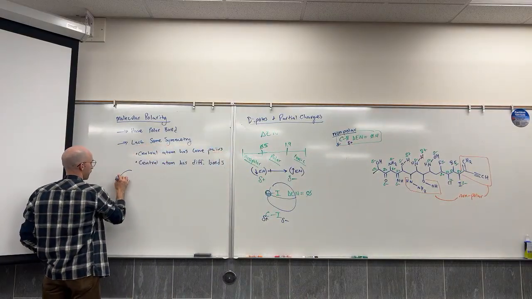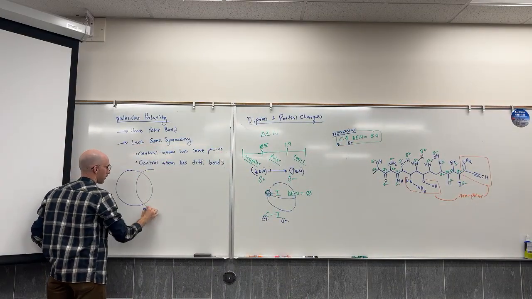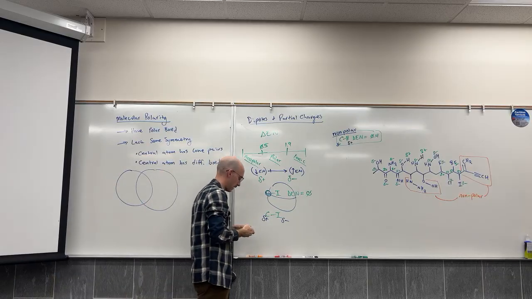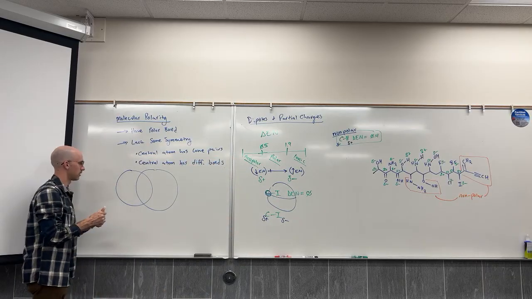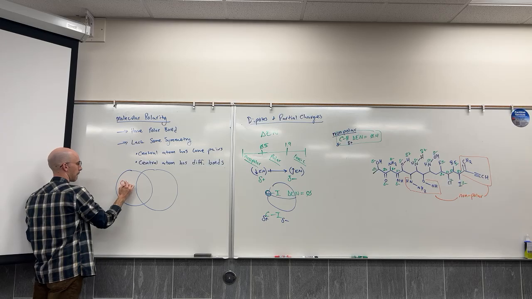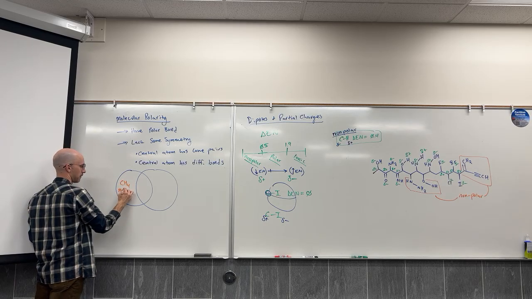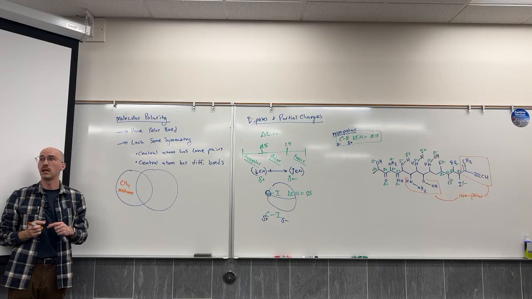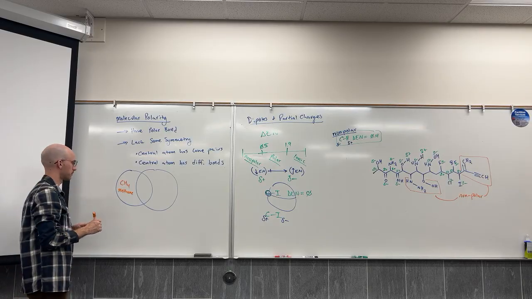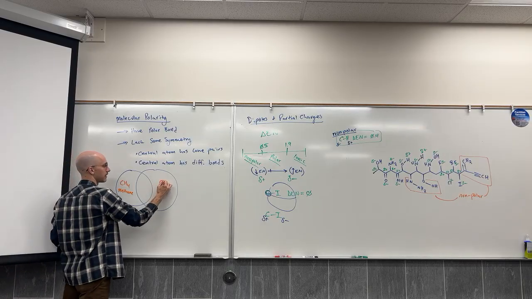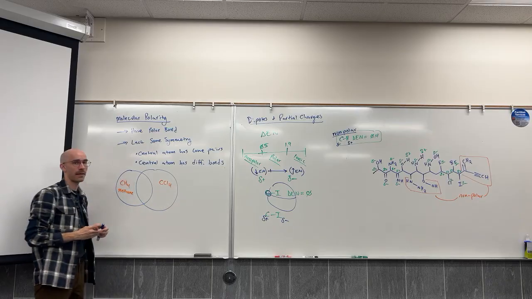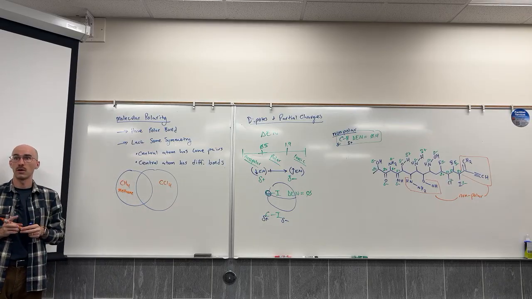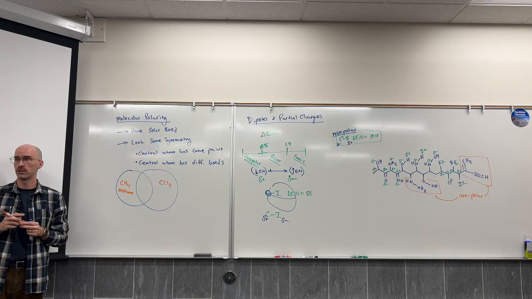So that Venn diagram that I was talking about before, rectangles and squares and such, here is methane, no polar bonds, non-polar molecule. Here is tetrachloromethane, polar bonds, non-polar molecule.